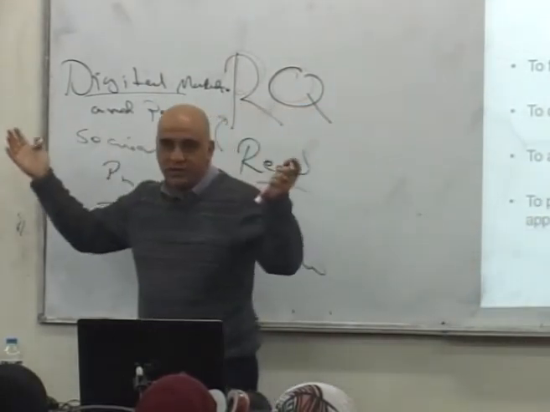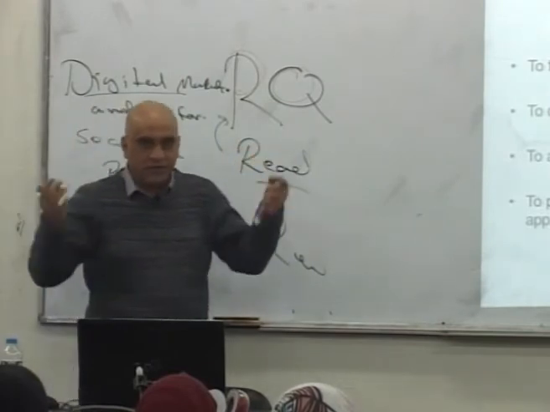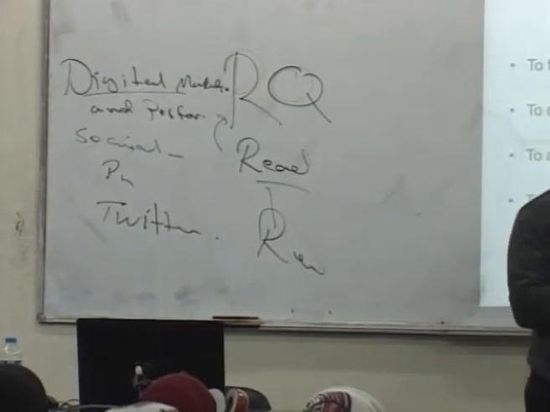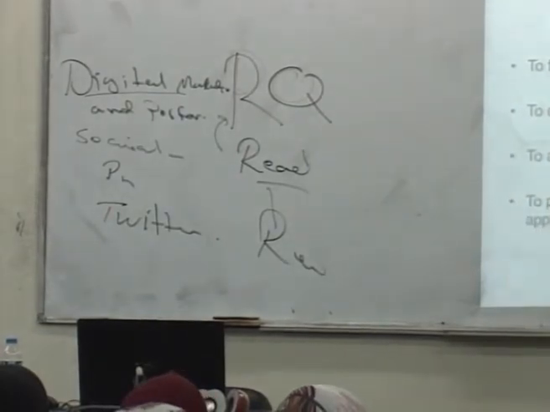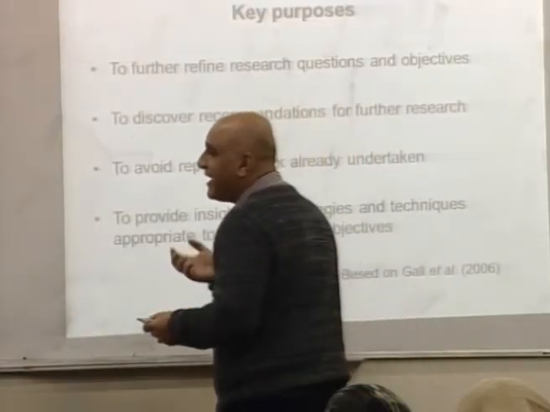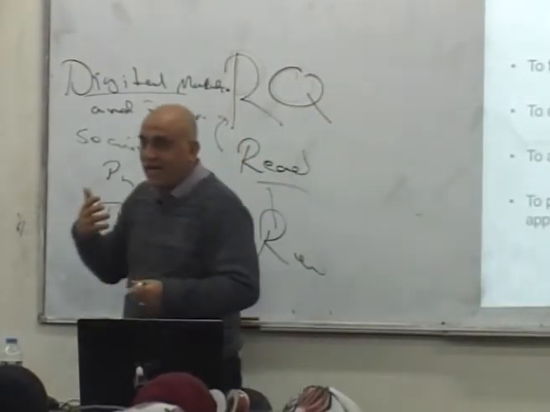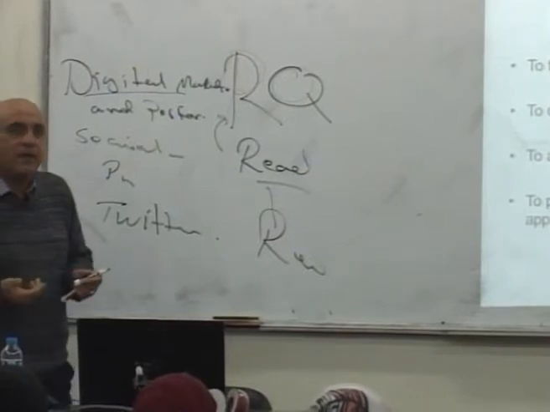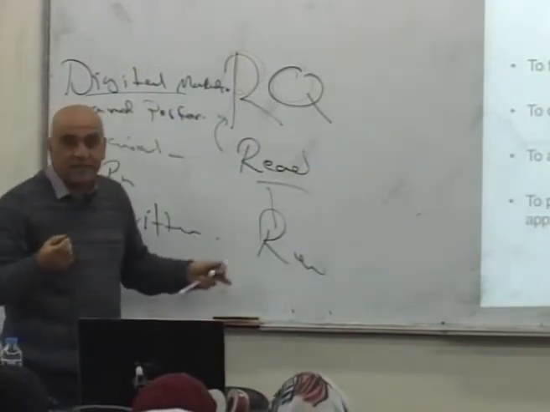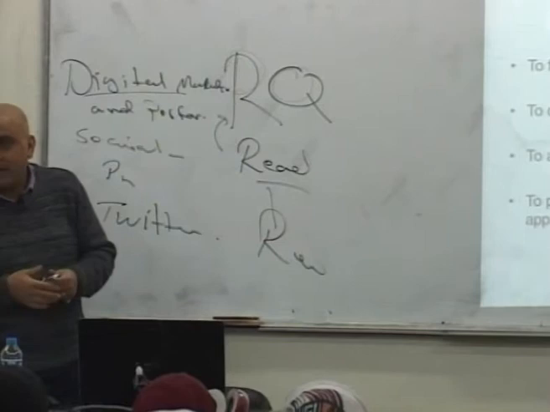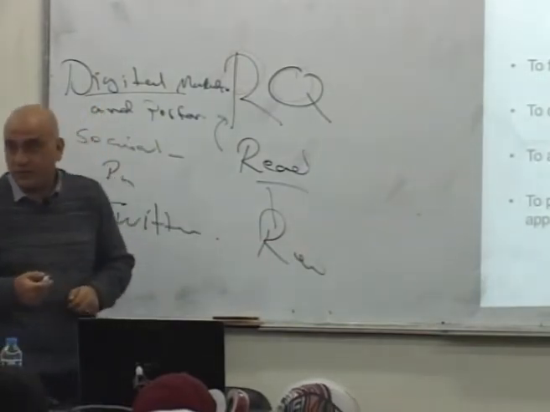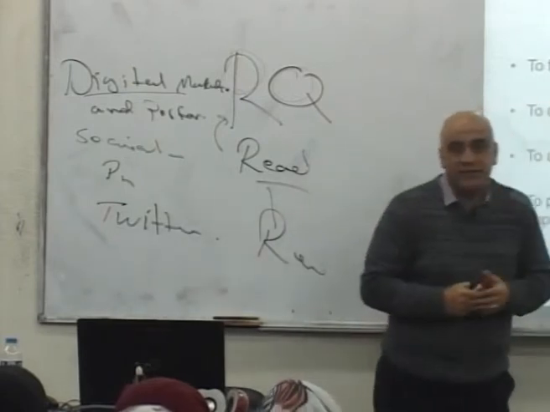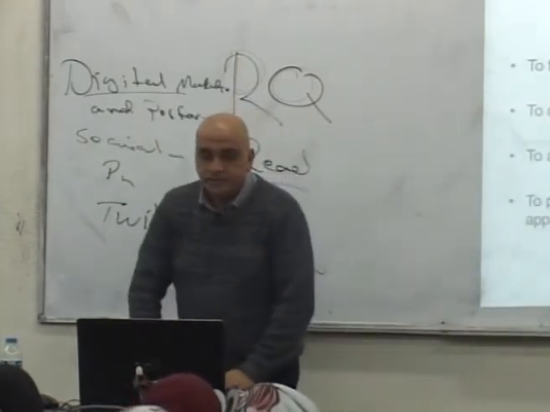Starting from a very generic question, when you read, you narrow down your research questions and become more specific. So from your research question, I can examine whether you have some revision, and to what extent your reading is refining your research questions and objectives.